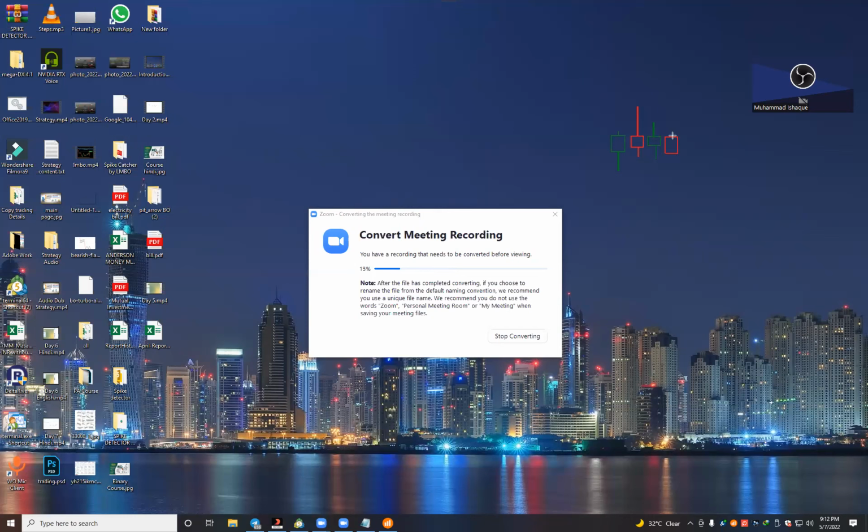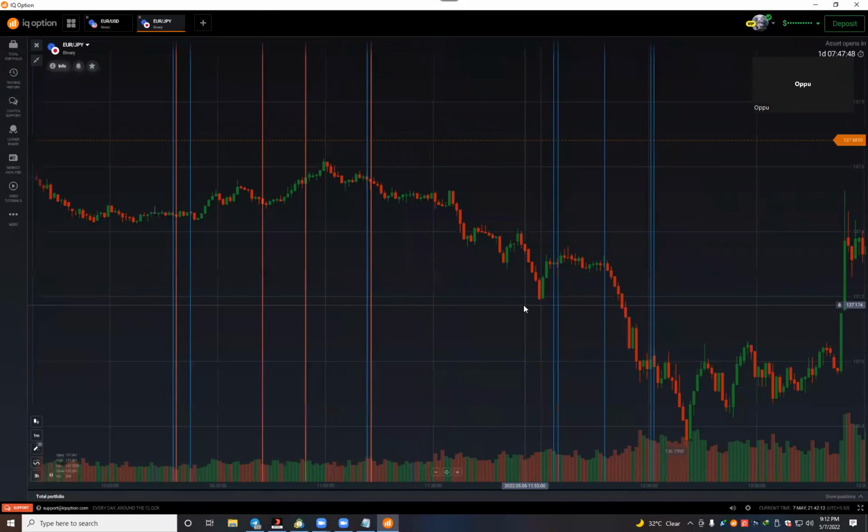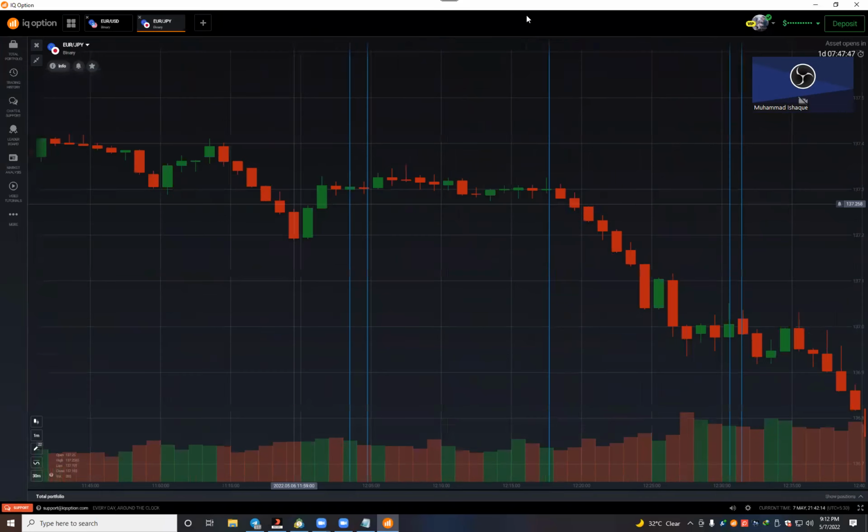The same setup which I teach you here, someone who is teaching is saying it's a negative candle.